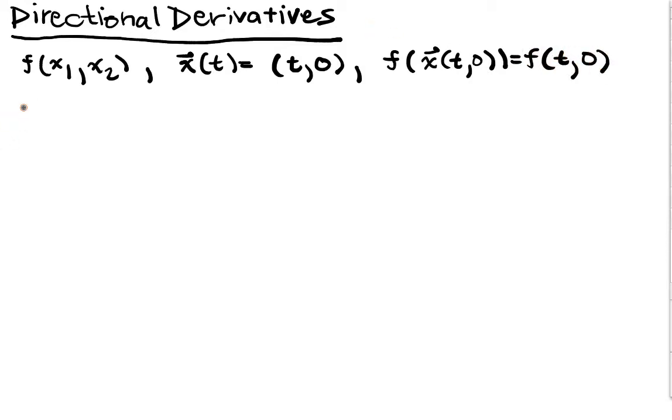And if I take a derivative of this function with respect to t, df/dt, we'll say f sub 0, and that means that I've set the second thing equal to 0 and evaluated at t.